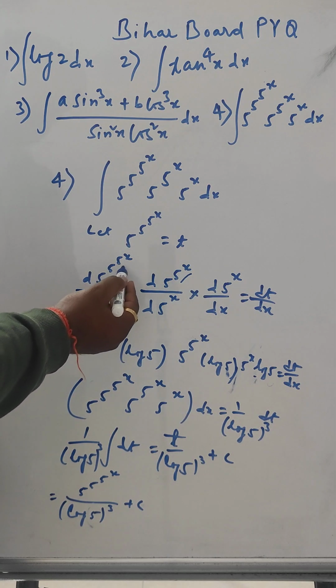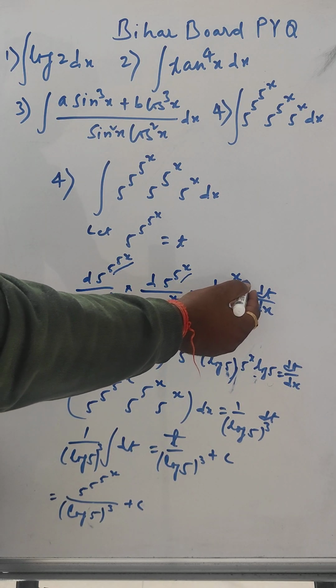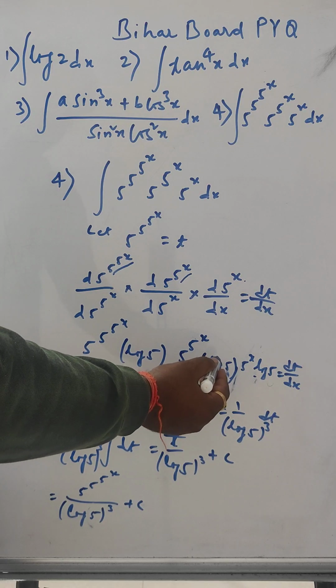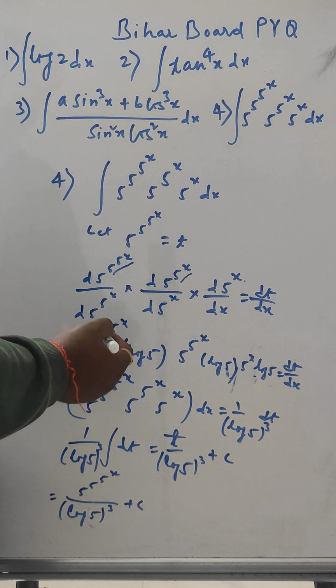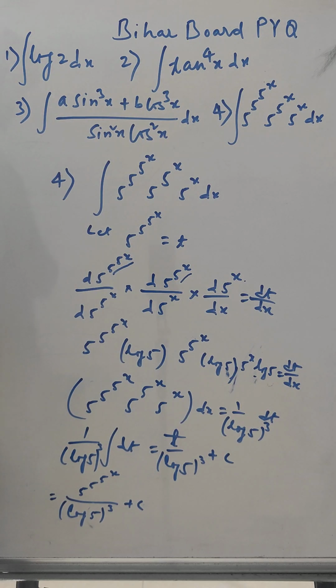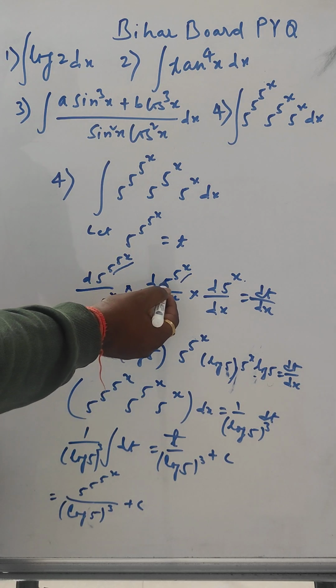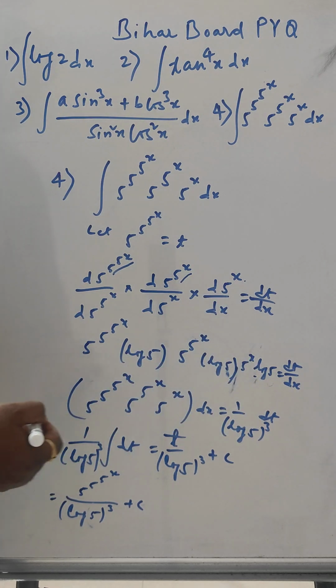Now this is with respect to x. So log 5 is the base. So log 5 will always be multiplied, whatever is on the base. Here 5, so log 5, here also base 5, so log 5, here also base 5, so log 5.